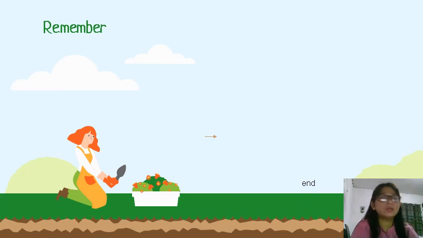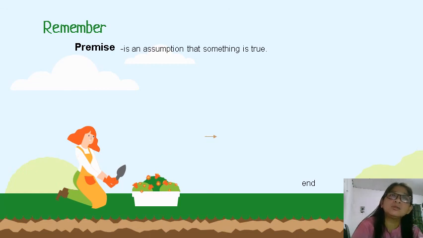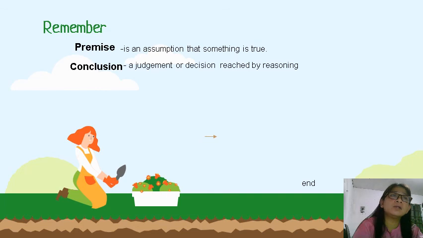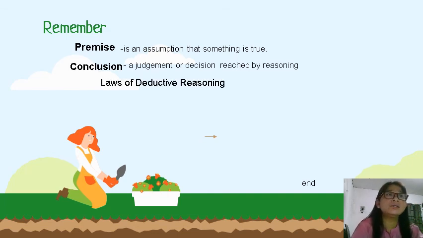So, remember, ito na yung recap na natin. Ang premise is an assumption that something is true. Ang conclusion naman, a judgment or decision reached by reasoning.